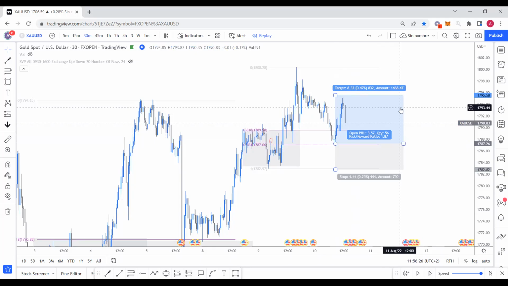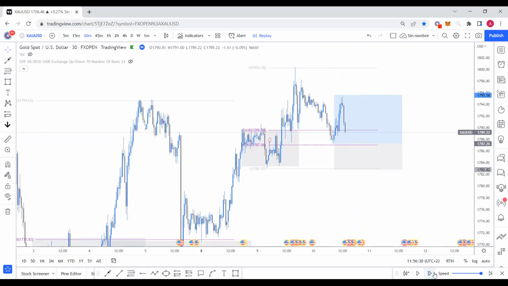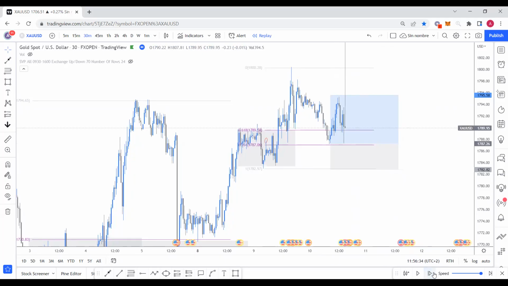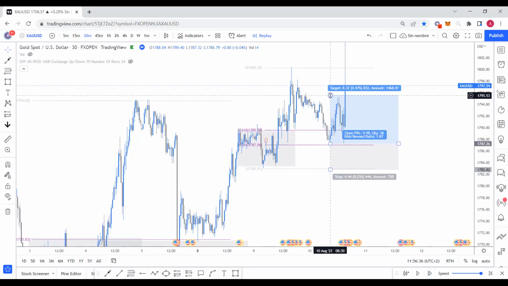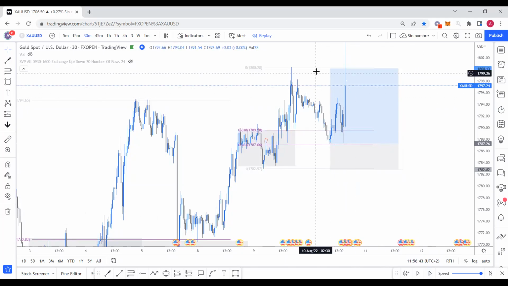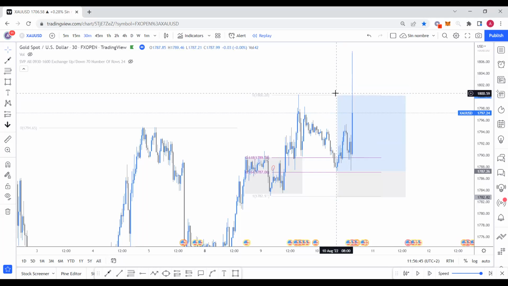At 92, we will be taking more profits, more or less. And let's see if price would give us the final, you see, boom, and the last take profit would be on this area right here, okay? And then you can always leave some remaining in case price wants to stretch much more.